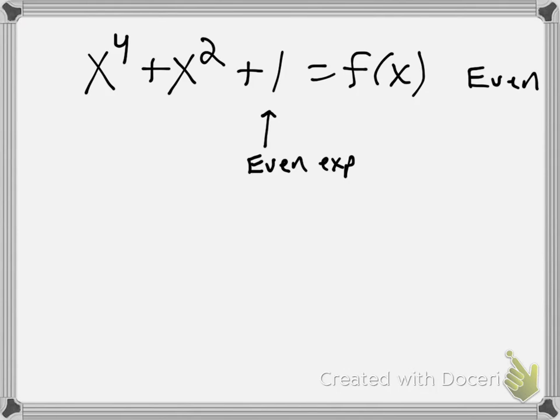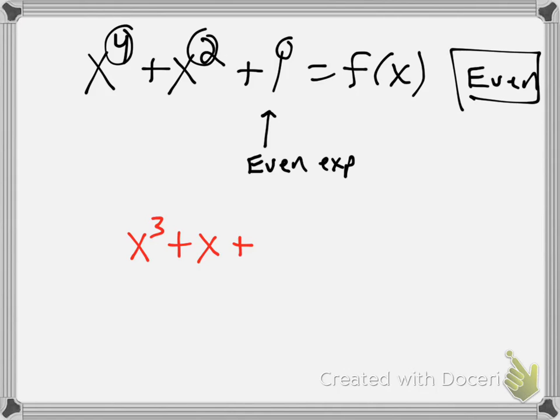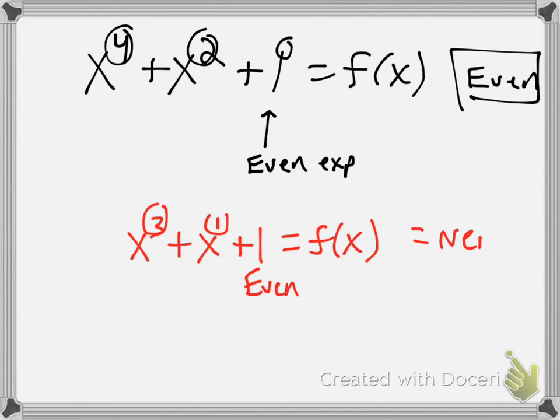And so when we do that, it's an even function. Whereas if we look at a very typical x cubed plus x plus 1, that has an exponent of 1, so it's odd, but this is even, so it's a mixture, so it's neither odd nor even.